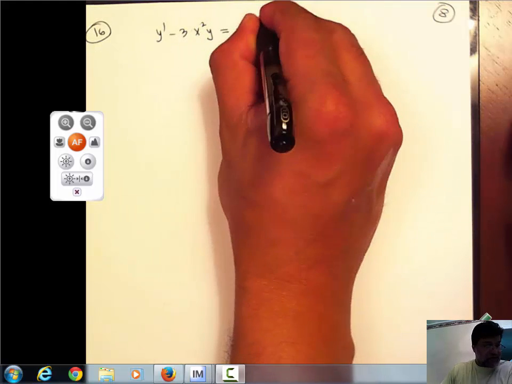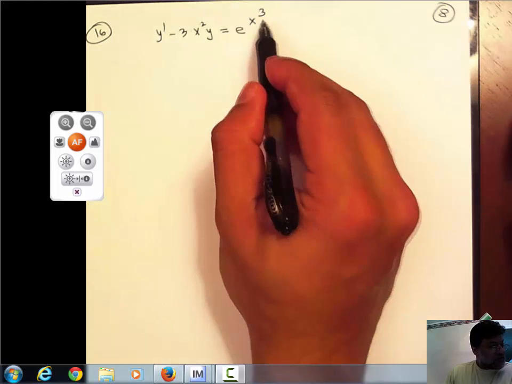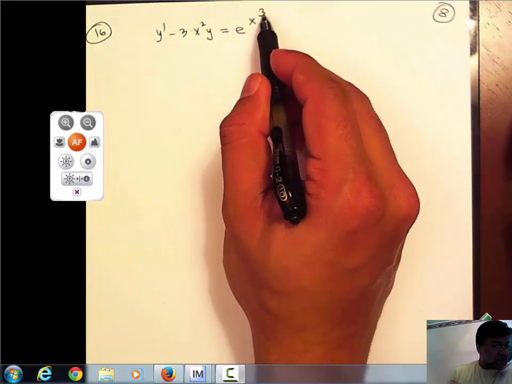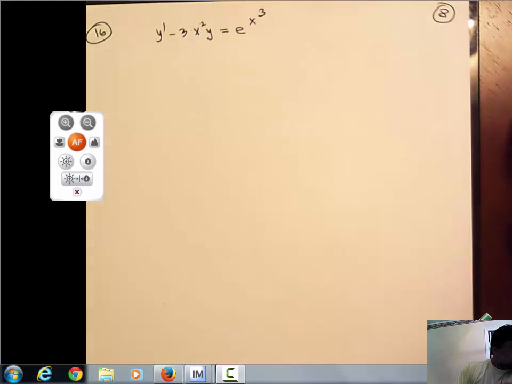And this is actually a correction. I think I wrote e to the x squared. This is problem 13 in your book. Make sure. Yeah, problem 13, section 6.4, and it is e to the x cubed.